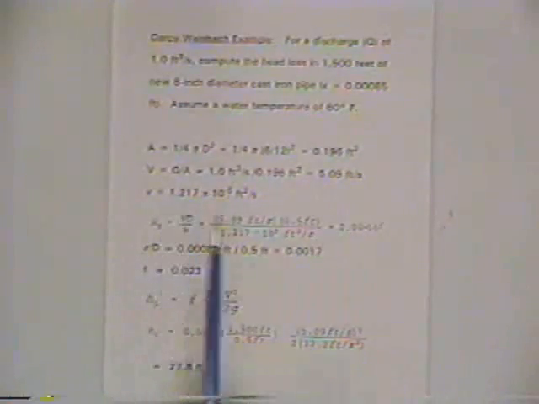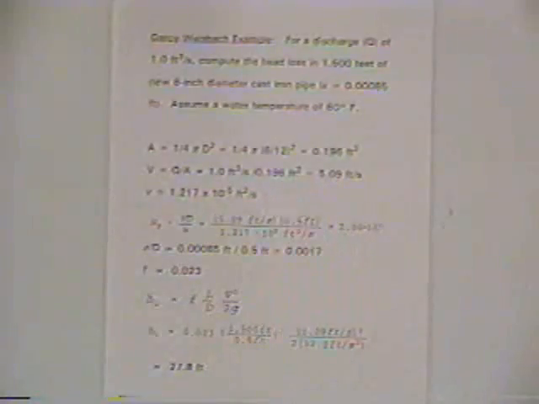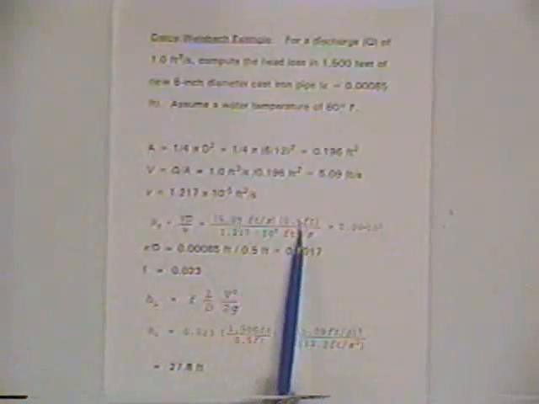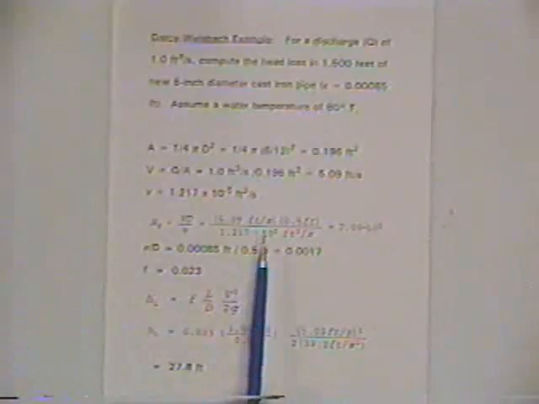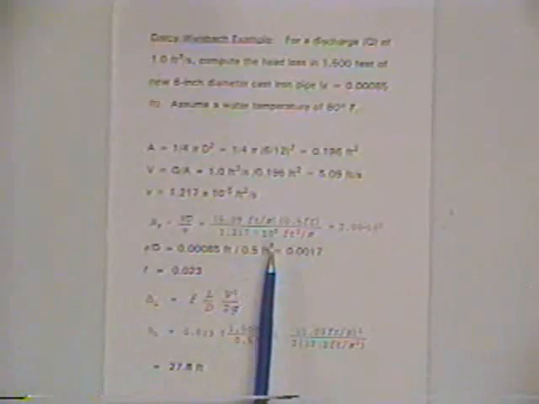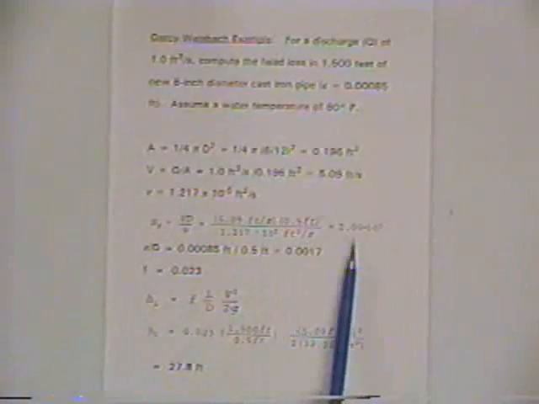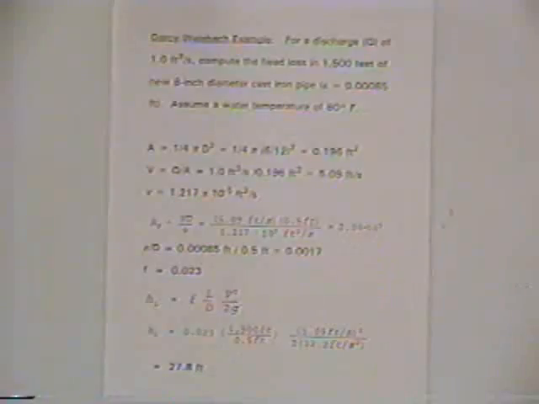So kinematic viscosity, mean velocity, diameter of the pipe is given. That's all we need to know to get the Reynolds number. And so we plug in the velocity, diameter of the pipe, kinematic viscosity, which is, remember, absolute viscosity divided by density, and we get a Reynolds number of 2.09 times 10 to the 5th.